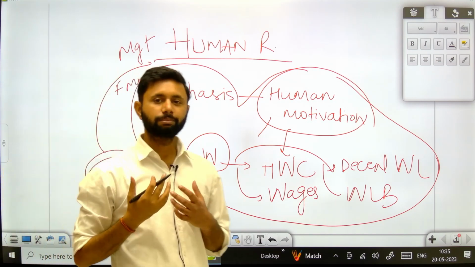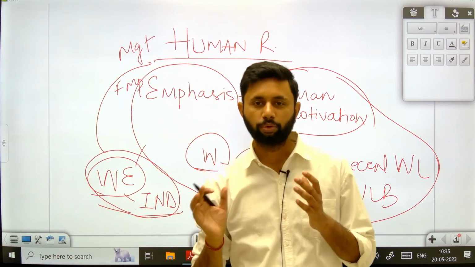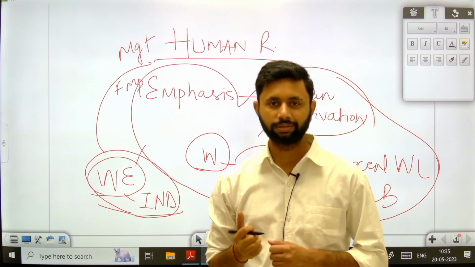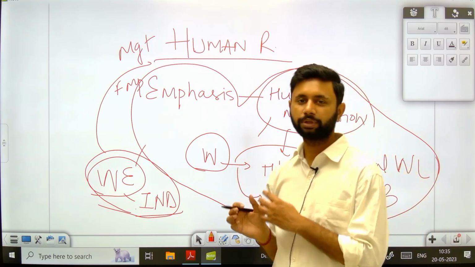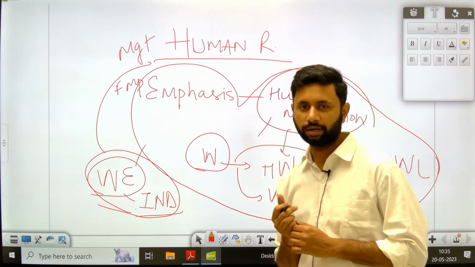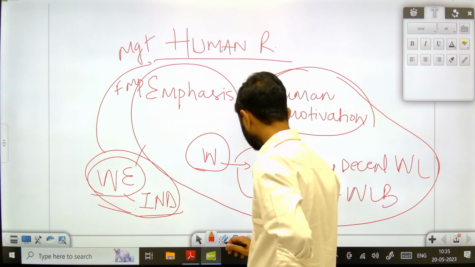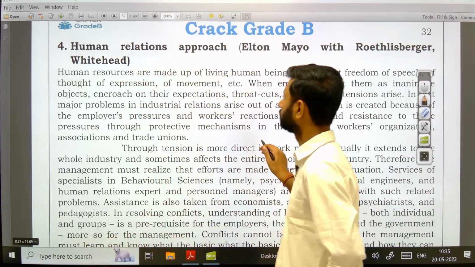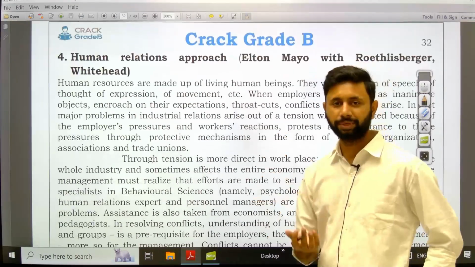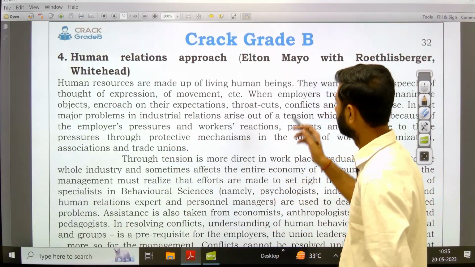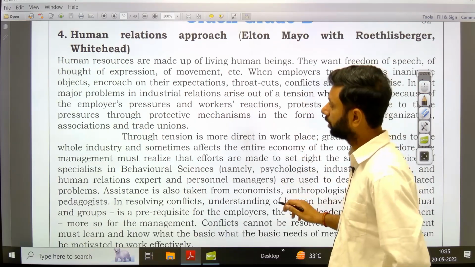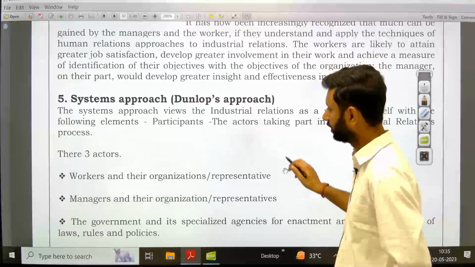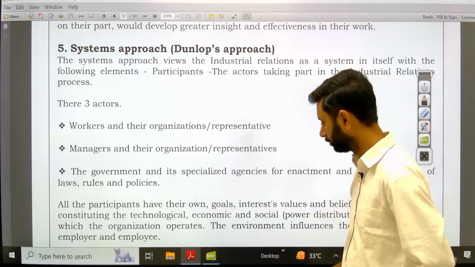So a management must understand the whole of industrial relations from the human motivations point of view. This is the whole crux of the human relations approach to understanding industrial relations. This is a very basic approach based on human motivations. Just remember the scholar, remember the approach, and then we'll go to Dunlop's approach.